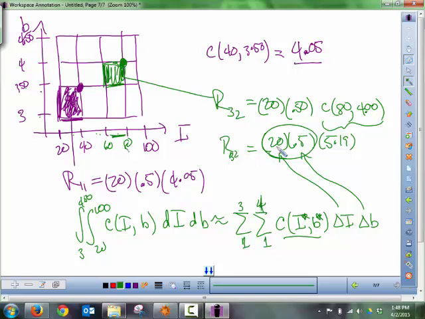Because look at what you have to do. This is going to be a constant all the way through, right? So when you're adding this up, the delta I and delta B, you can multiply. This would be 10 in this case. I could just factor that out. So what am I really adding up? I'm really adding up all these numbers, and then I'm multiplying it by 10.